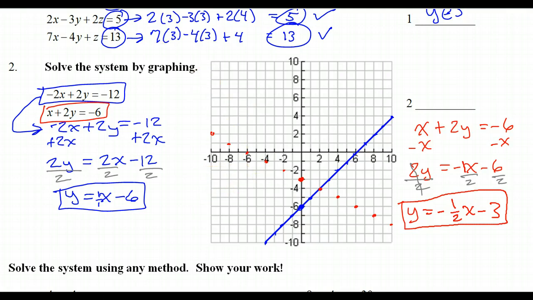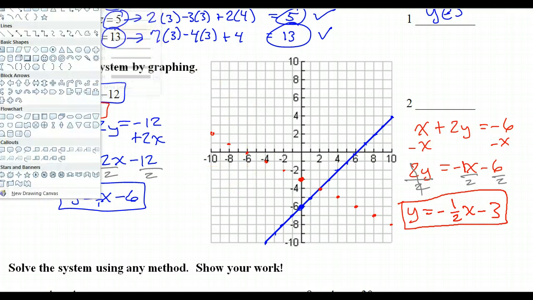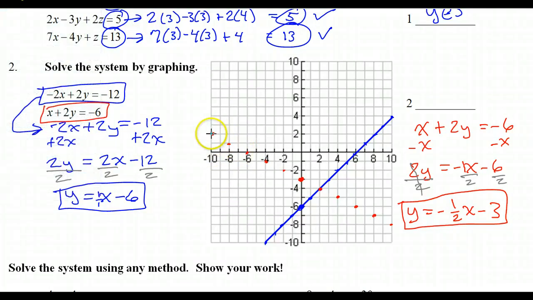So I have this. So let's draw that line. Okay, so this is what the two lines should look like graphed.